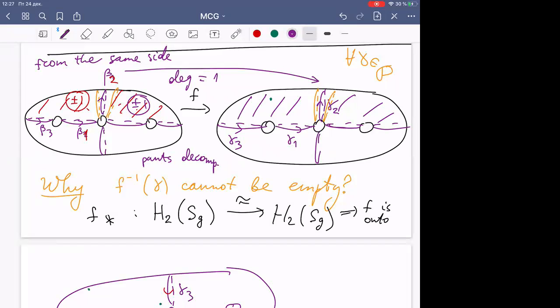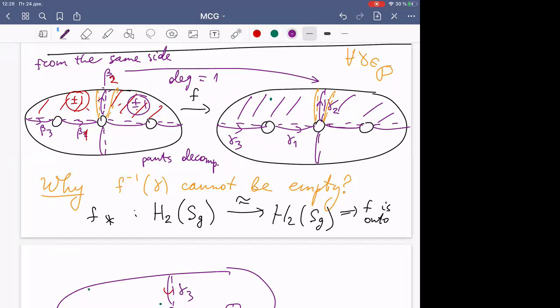Now, what do we still need to prove? We still need to prove, look, our F is a diffeomorphism on the neighborhoods of gamma i's. Or on the neighborhood of beta i's, it is a diffeomorphism to the neighborhood of gamma i's.